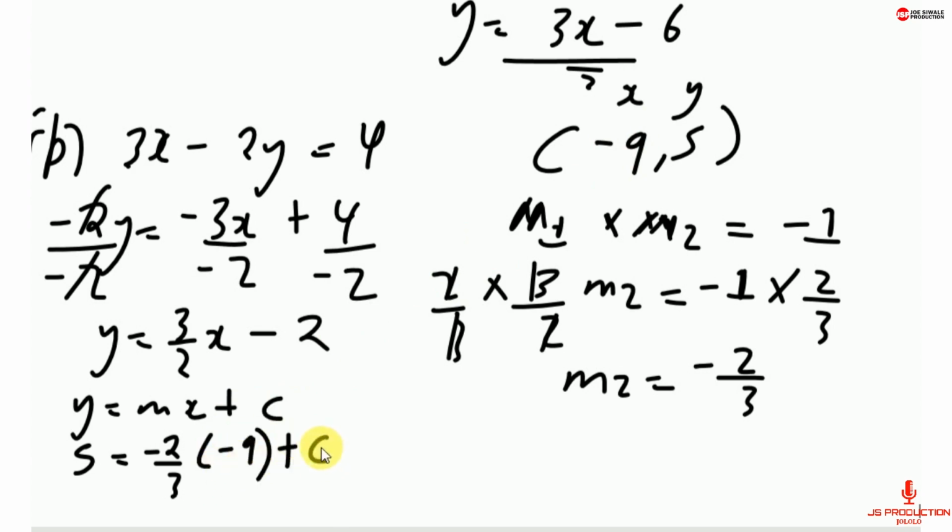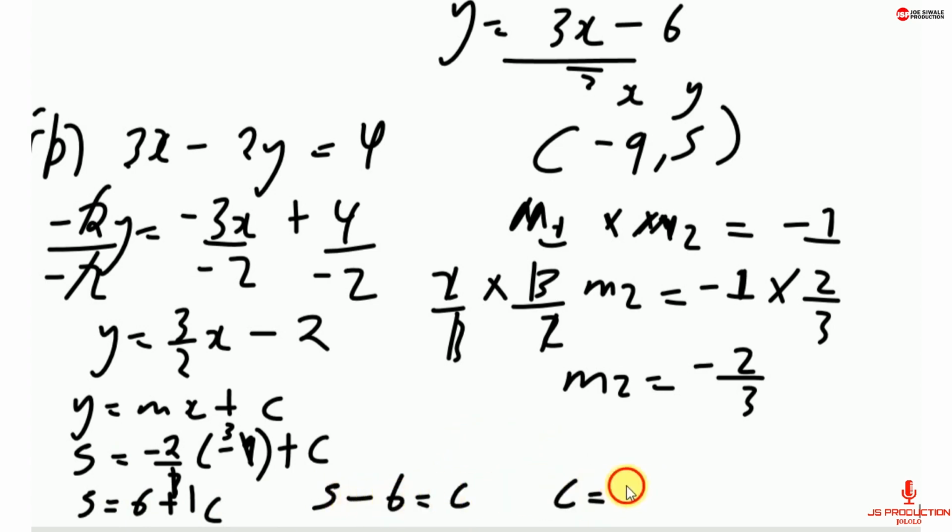So we're trying to calculate c there. To simplify that, we can say 3 here, 1, 3 here, we're going to have 3. So we can say 5 is equal to negative 2 multiplied by negative 3, that's going to be 6, plus c there. So we're going to have 5, when 6 goes to the other side, it's going to be negative 6, is equal to c. So we can say that our c there will be equal to 5 minus 6, that's negative 1.